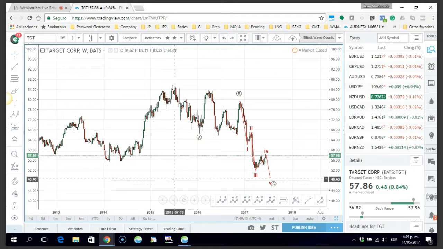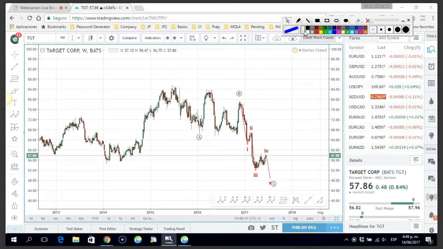And that is, we believe it is not the end of this company, it is just a big corrective. So mainly what we are planning, and the main wave count says, is that this last high on the weekly chart was a wave 3, and we are in a deep wave 4. The deep wave 4 has been taking the shape of a zigzag, where we have the A, the B, and looking for the C down.